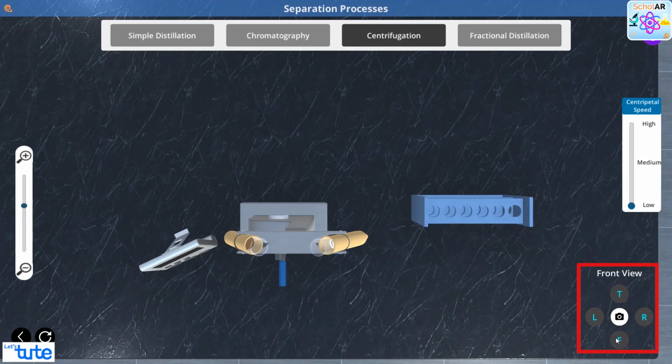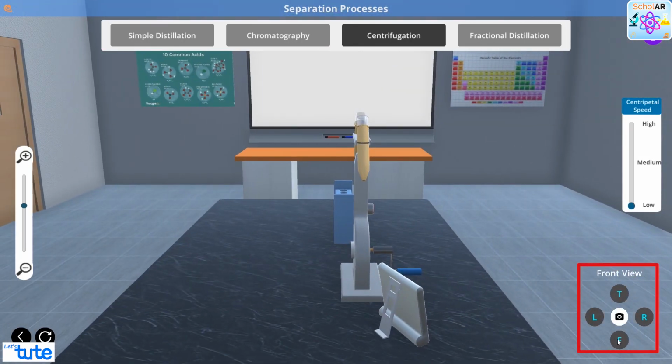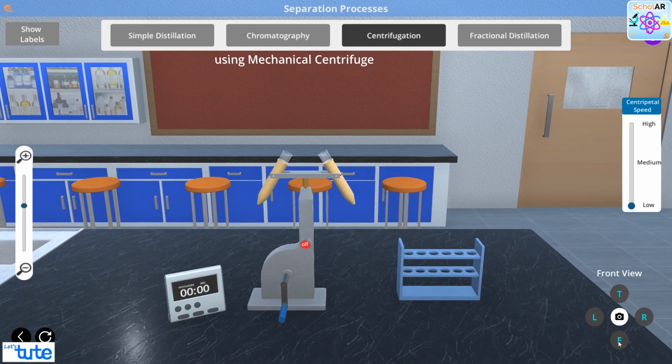There are different controls for better visualization. Now that we are ready, let's switch on the centrifuge by setting the speed to medium and clicking the red button.